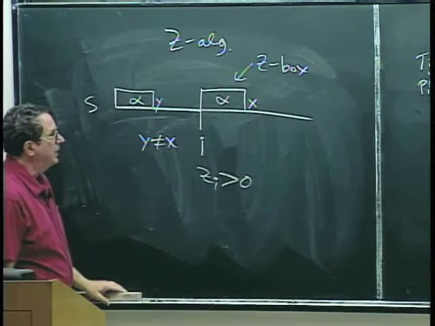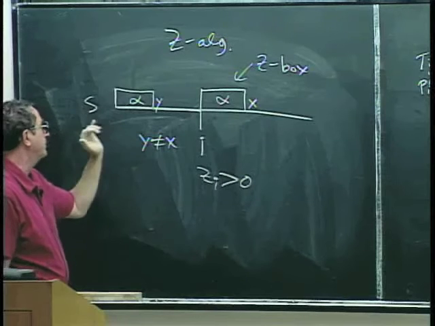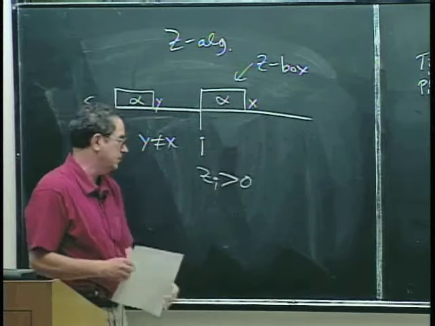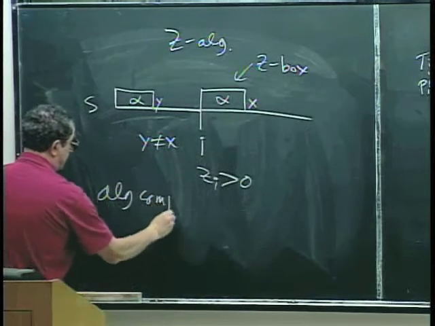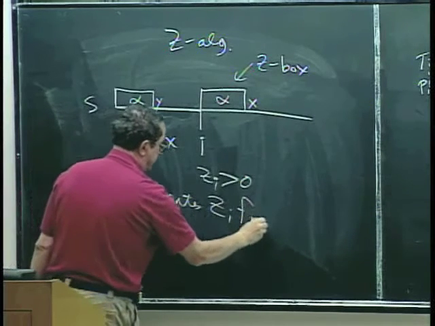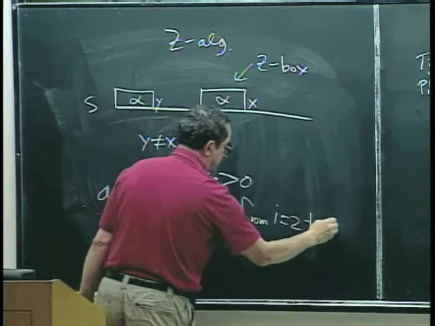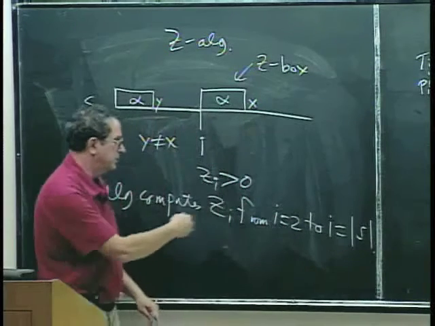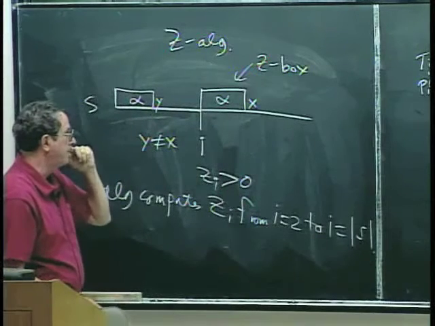Now, I should have told you that the algorithm is going to compute the Zi values from i equals 2 up to the length of S. So in order: Z2, followed by Z3, followed by Z4, and so on.